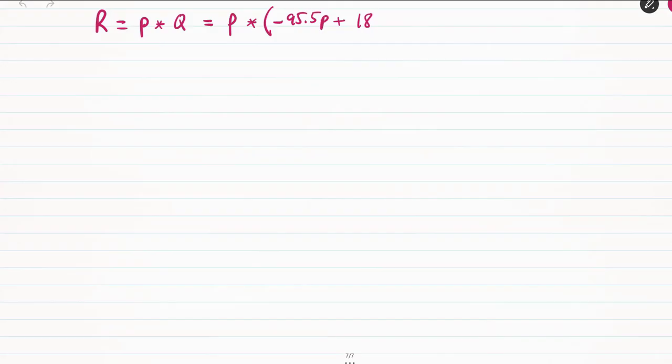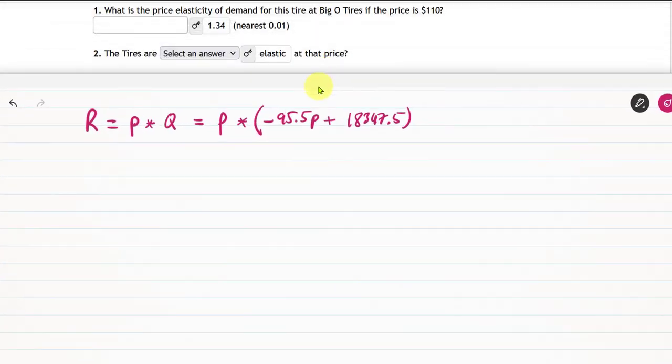That is my Q in terms of P, right? And then now I need to multiply it in, so minus 95.5 P squared, and then multiply that, I get 18347.5. And this is my revenue, right?